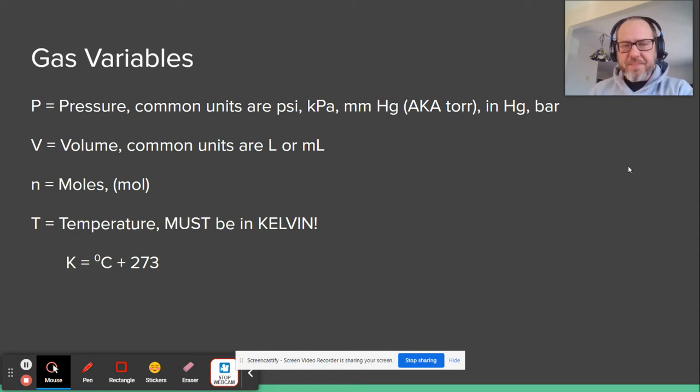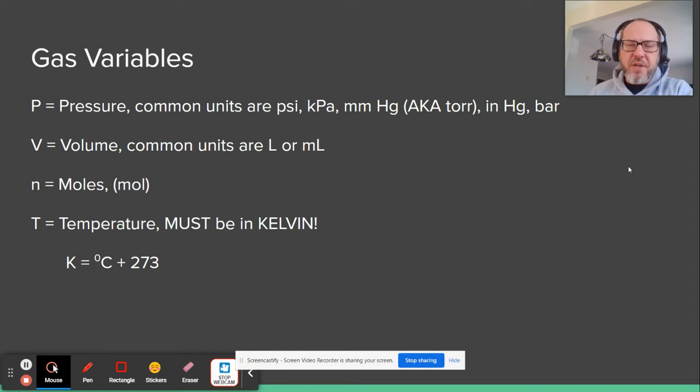But if you look inside the door of your car, your ideal tire pressure is also listed in kPa. That is the basic metric unit, kilopascals, and that's the one we're going to use most often for gas law calculations.